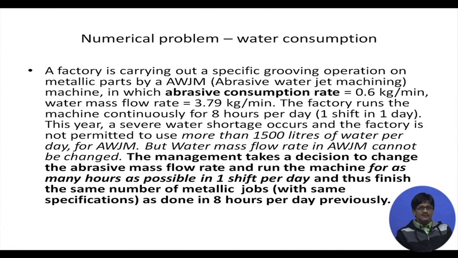Now, we cannot use it for 8 hours, maybe we can use it for 5 hours. So, increase the abrasive mass flow rate, so that we have an increased machining rate, so that even if we have 5 hours, we can finish the job of 8 hours in the previous case in those 5 hours. This is the problem, very simple. So, let us see how it can be done.